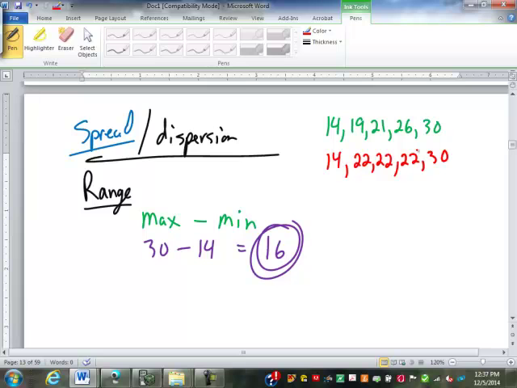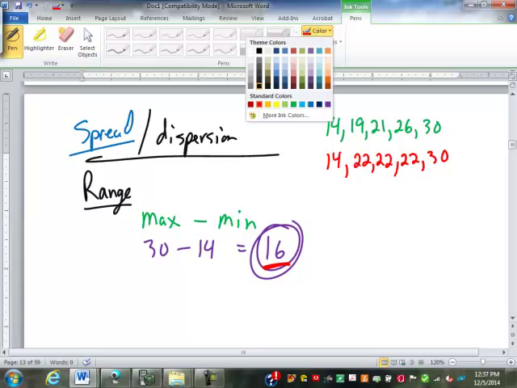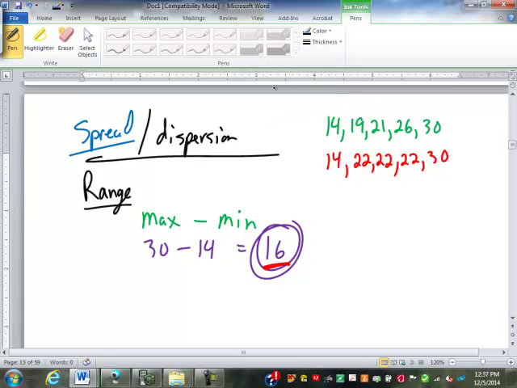For this one, the range is exactly the same. The range is 14 to 30, or 30 minus 14. It's going to be 16. But I would say that this red one is a lot less spread out than the green one is, because all the numbers are right in the middle at 22. So the range is not a great measure of spread.